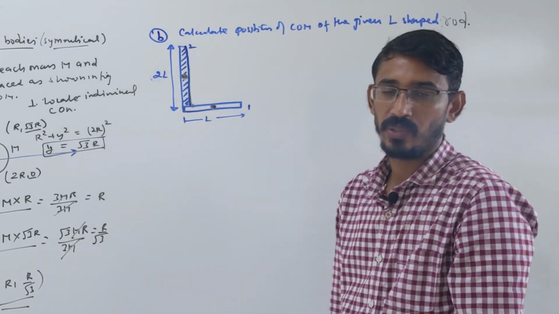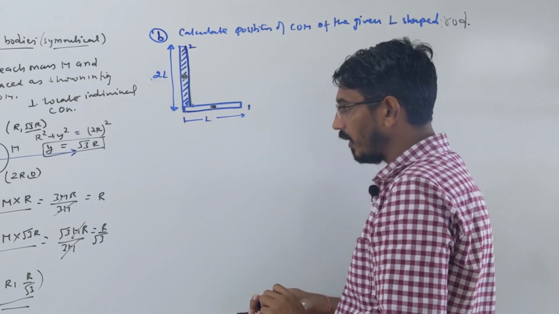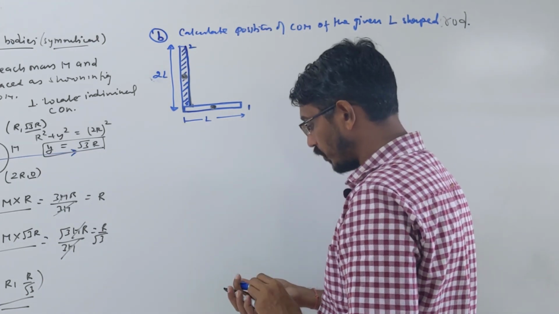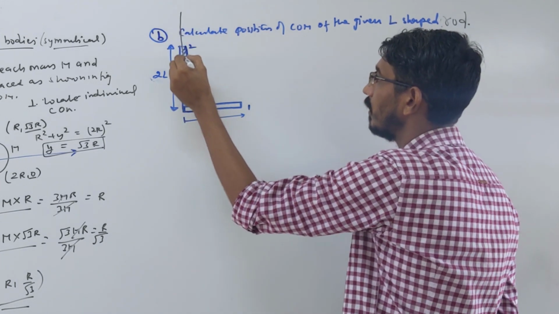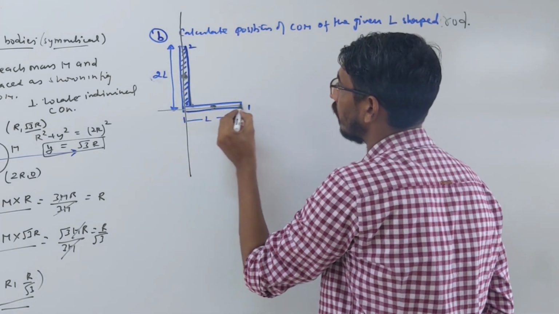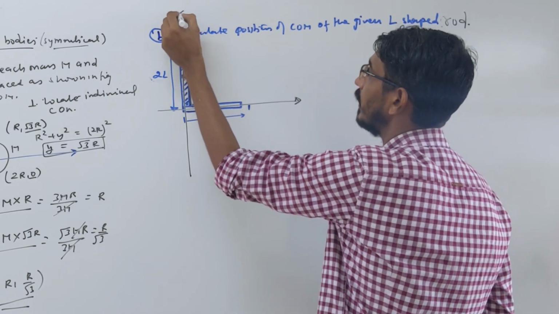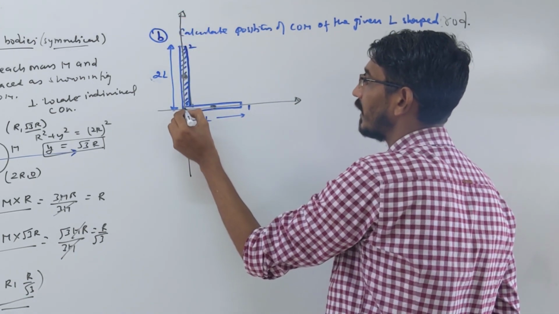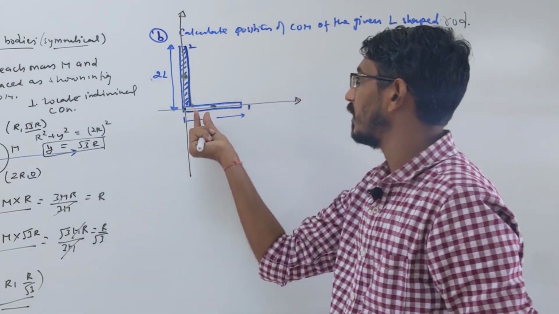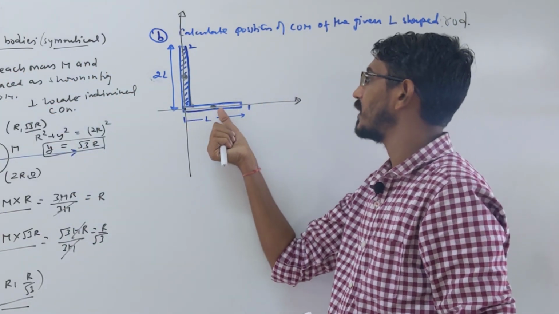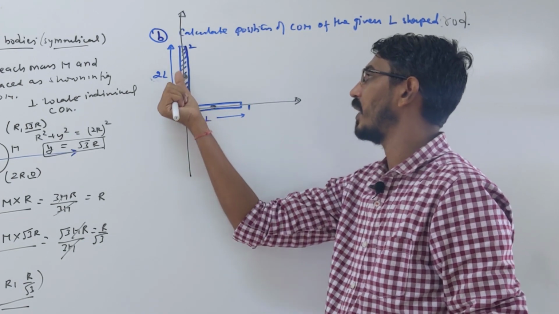Now you can choose some coordinate system. You can choose anywhere, your choice. But here you should choose it at the end, along this plate itself, like this way. That will make the calculation easier. Here no mass is located at this origin, unlike the previous questions, but it doesn't matter, it is simpler because one mass is located on the x axis and one on the y axis.